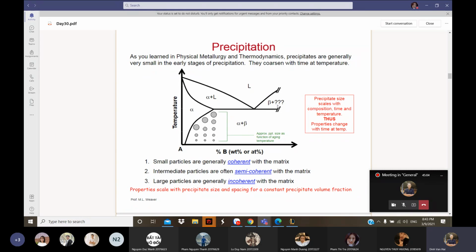But again, when we calculate the Hall-Petch equation, we try to see the tendencies. The value is just for referring, not for applying when we design a structure.